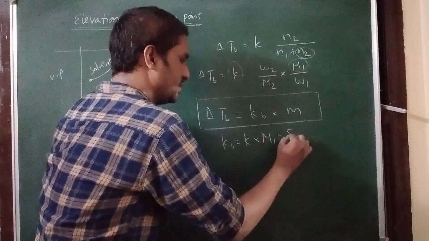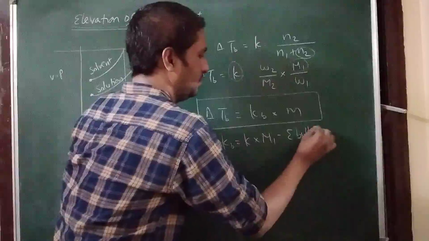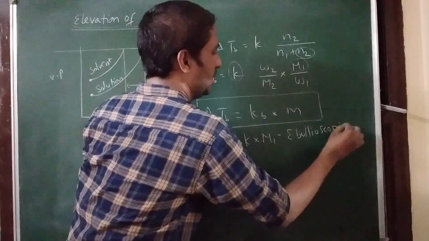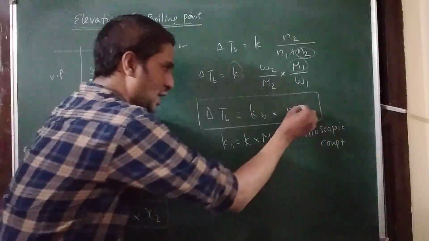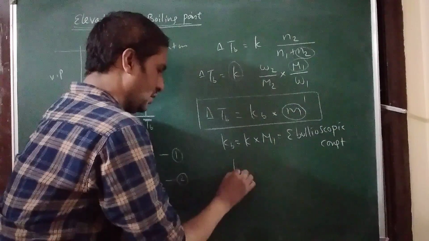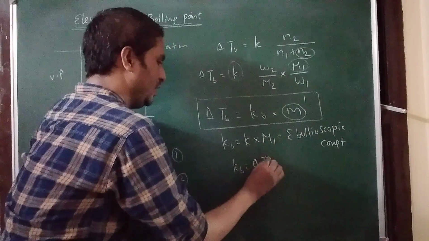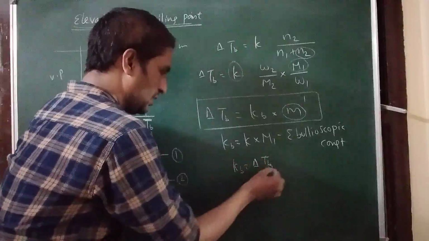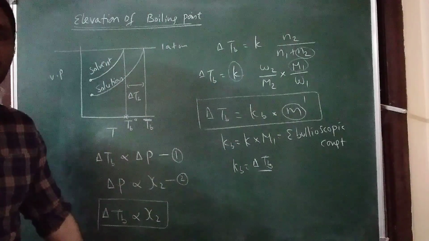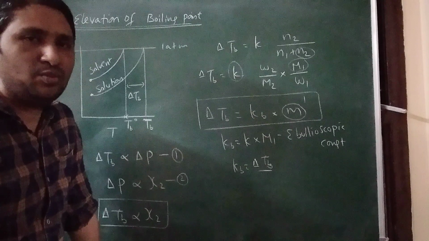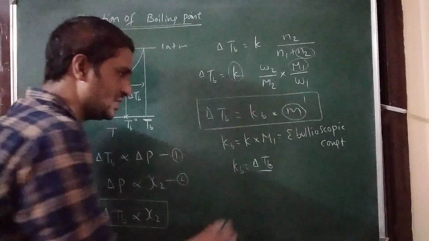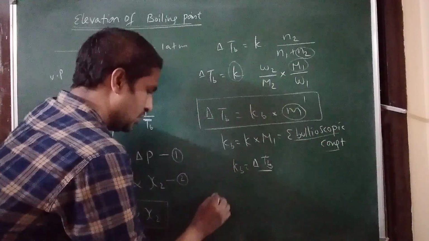It is also known as the ebullioscopic constant. We can define it as: if molality is 1, then Kb is equal to delta Tb. That means it is the elevation of boiling point for a 1 molal solution. The solution which contains molality 1 gives the ebullioscopic constant.